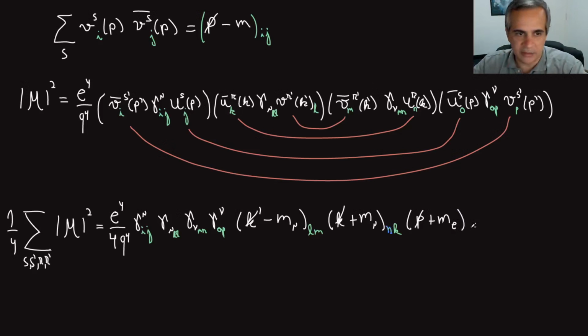And the indexes are JO. And the last one is P prime slash, right? It's a V, so minus M, an electron, right? This is an electron, and the indexes are PI.